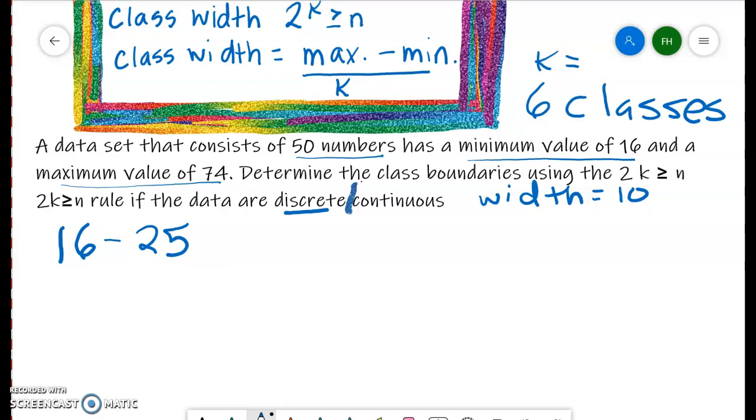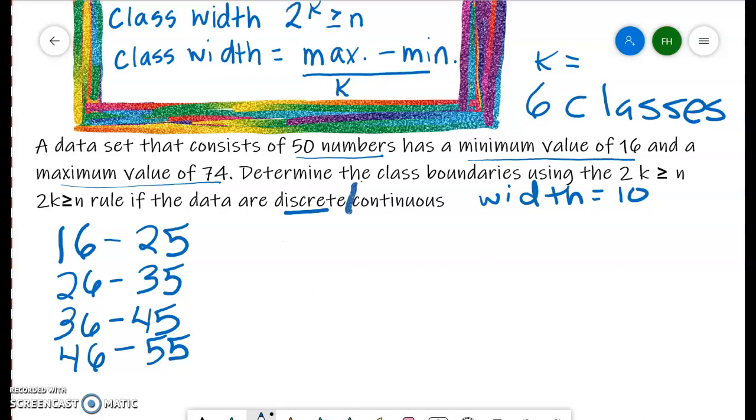Then next we would be 26 to 35, and then 36 to 45. And remember, we have 6 classes. So the next one would be 46 to 55, and then we would have 56 to 65, and then 66 to 75.